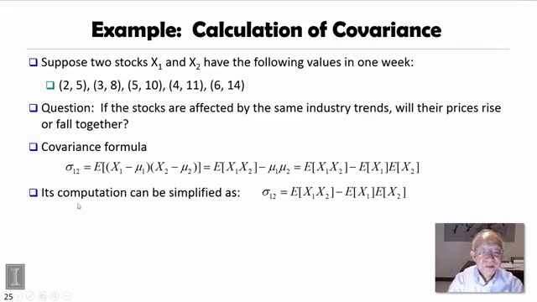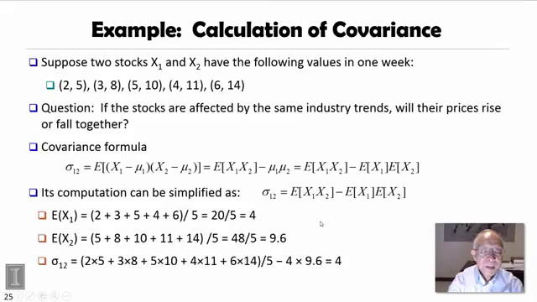If we look at the covariance formula, especially the more simplified computation formula, we can calculate the expected value of x1, which is the mean value of x1, and the expected value of x2, which is the mean value of x2. Then we look at their covariance.